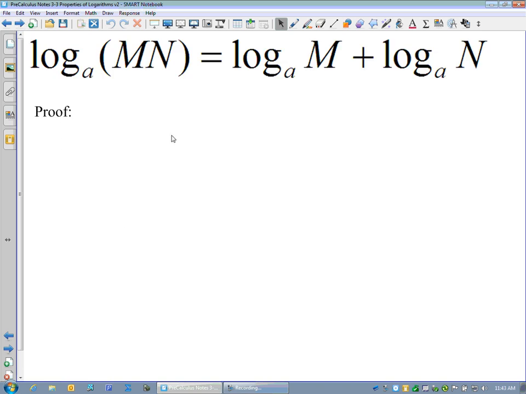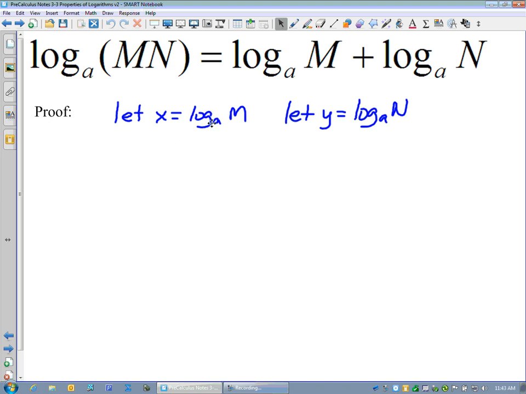All right, for the first one, we have the log of the product is equal to the sum of the logs. We're going to start out by saying that we're going to let x equal log base a of m. We're going to set a variable here, and we're going to let y equal log base a of n. So both of these equations, x equals log base a of m, y equals log base a of n, we're going to change from logarithmic form to exponential form.